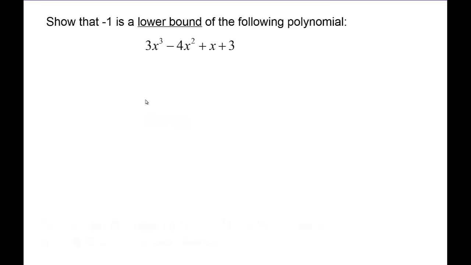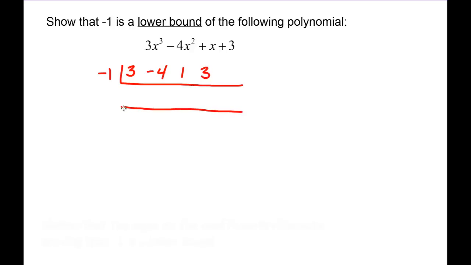Now we're going to talk about the lower bound. And the lower bound test is just as simple as the upper bound test. You still do the same exact process of synthetic division. So we're going to do -1. Now some math teachers and mathematicians may argue what I'm going to show you is not the true lower bound test. But I've found it's just as effective as what some would define as the true one.